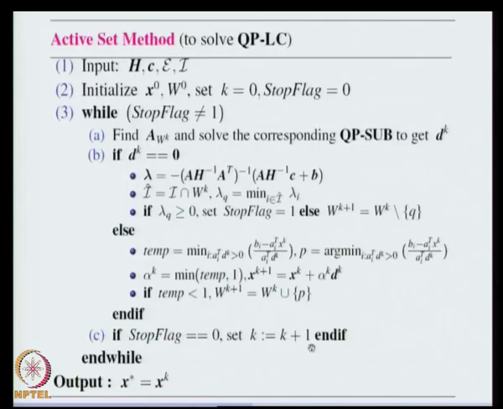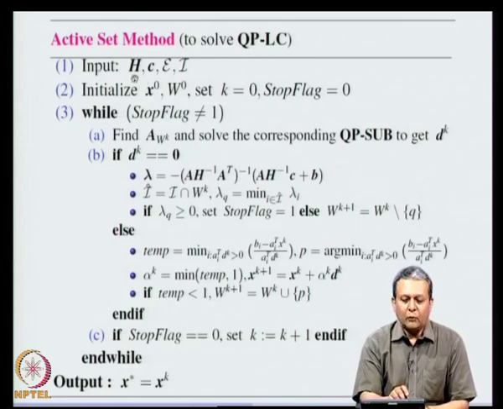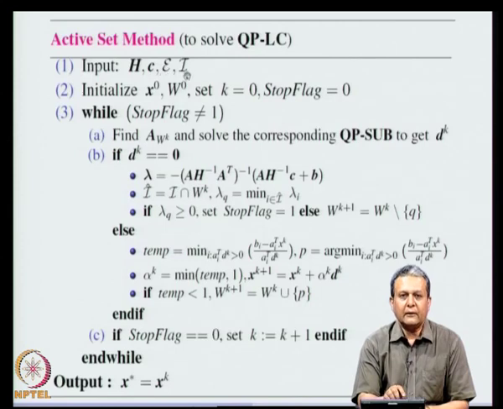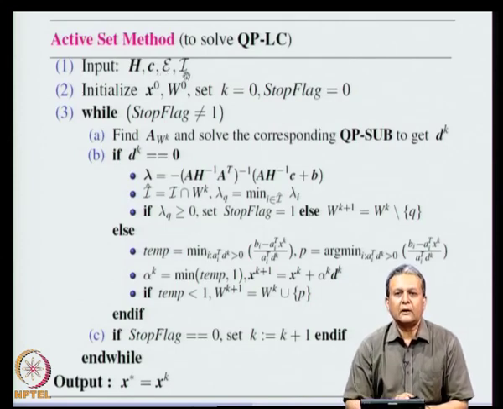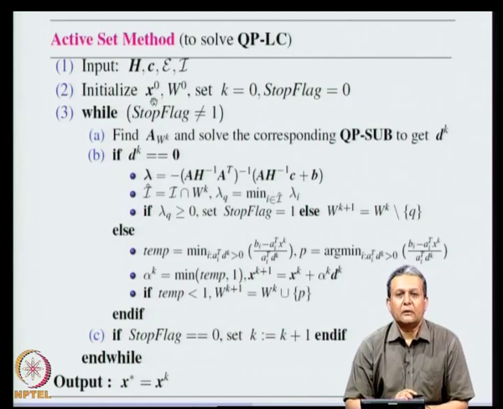So, let us see the algorithm. This algorithm is called the active set method, and the algorithm given here is to solve a quadratic program with linear constraints. We are given the input matrix H and c, and the equality and inequality constraints. They contain both the ai's and bi's for the equality and inequality constraints. The first step is to initialize a feasible point.